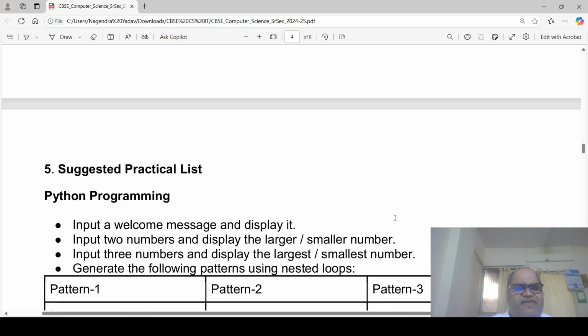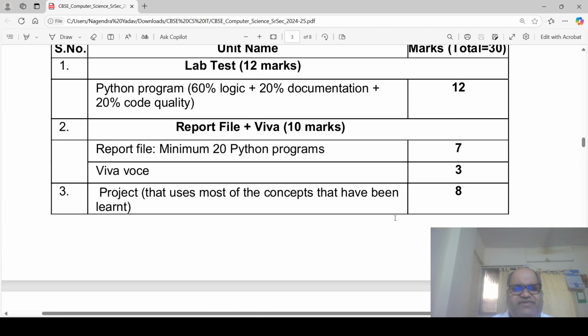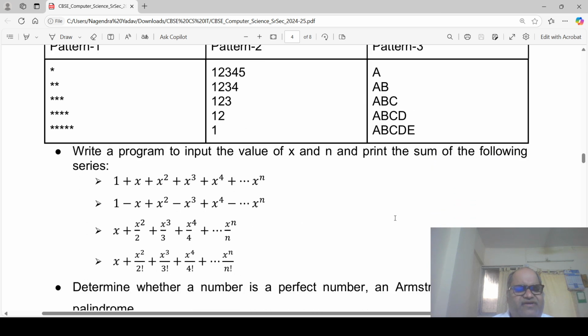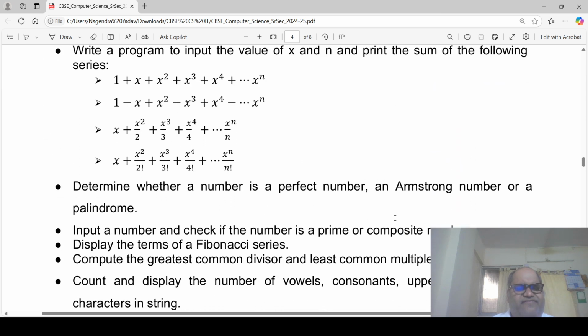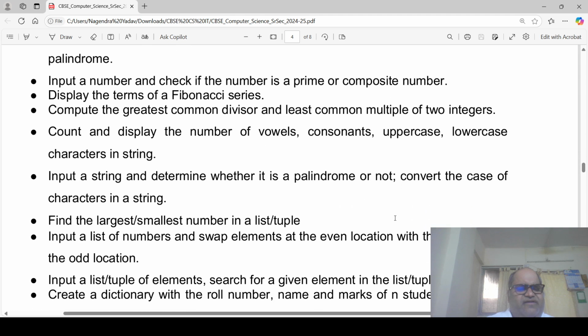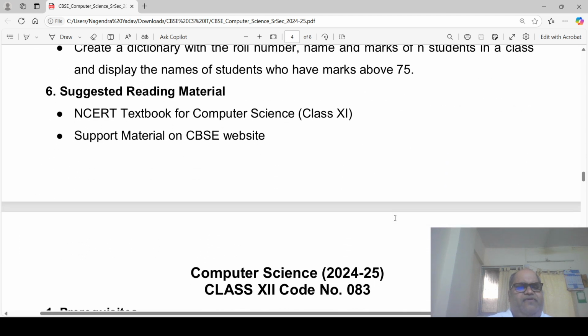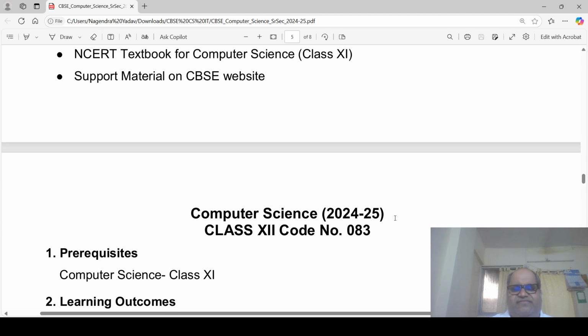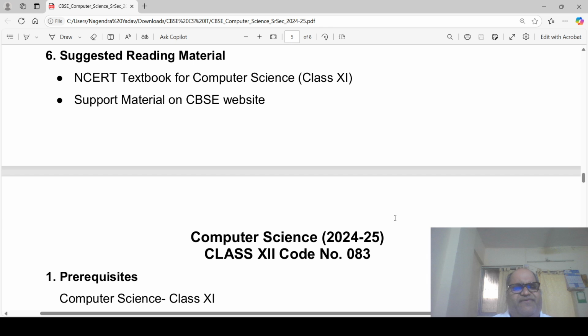But from a programming perspective, we will cover some of the suggested programs. These are mentioned here. You can also recognize them from your math class. We will be following the NCERT syllabus and recommended CBSE websites.